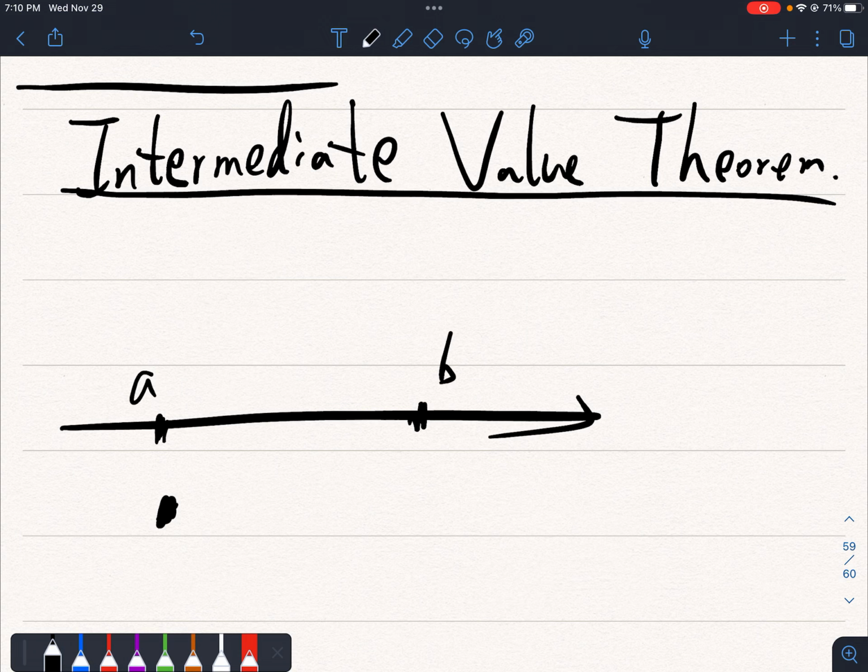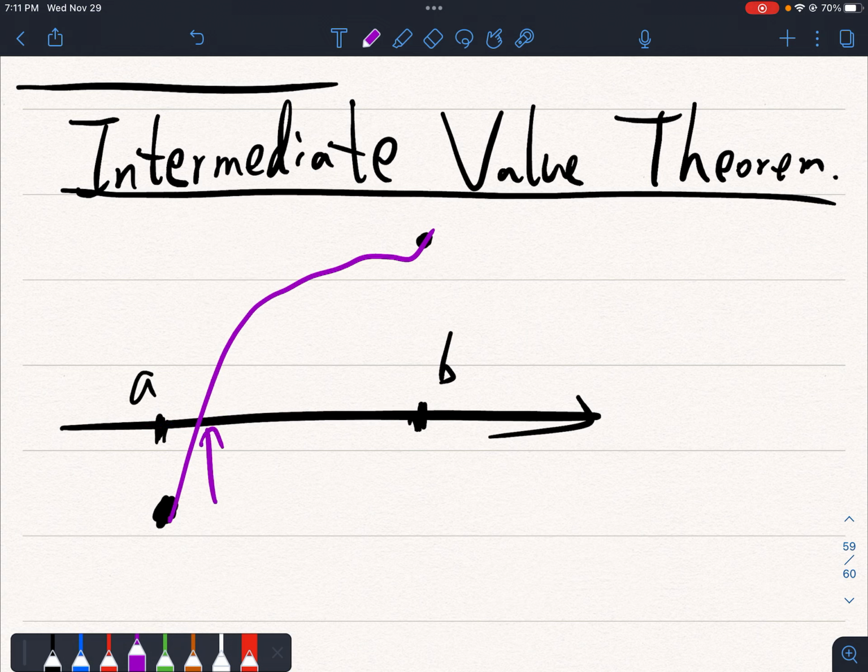So I'll start with a simple observation. If you have a continuous function on the closed interval ab, whose value at a is less than 0, so it's below the x-axis, and the value at b is positive, which means it is above the x-axis. And if we want to have a continuous function on the closed interval ab, that means we have to sketch a curve that joins these 2 points.